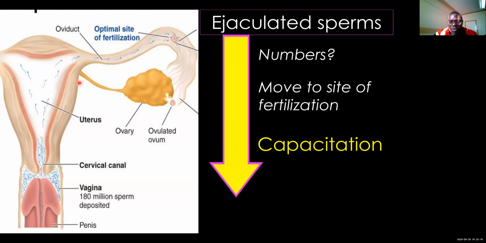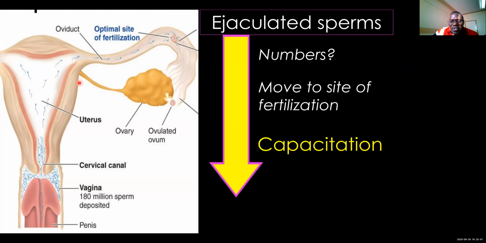And the last step of spermatogenesis is what we're calling capacitation. Now, what is capacitation? Capacitation is now the reverse of decapacitation. It is the removal of the glycoprotein covering from the head of the sperm.